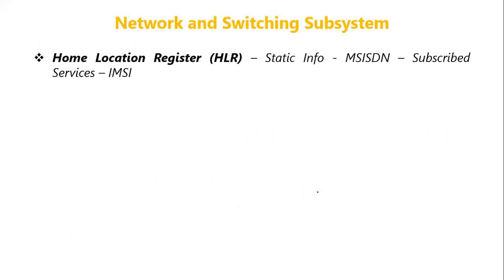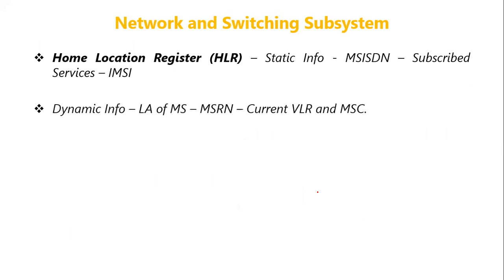The next register available in the network and switching subsystem is the HLR, which stands for home location register. HLR stores all user relevant information.